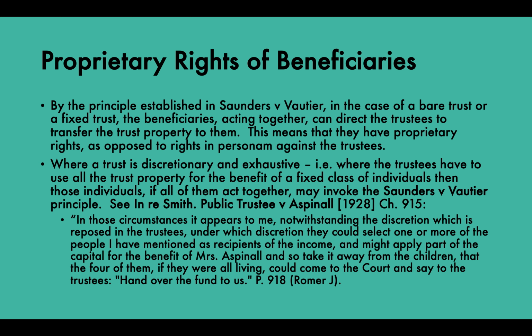Therefore, the property would be given to the beneficiaries for them to decide how the property should be divided. So this quote here from Re Smith just says that if all the beneficiaries are over 18 and sui juris, then they can dissolve the discretionary trust and decide the division of property themselves.